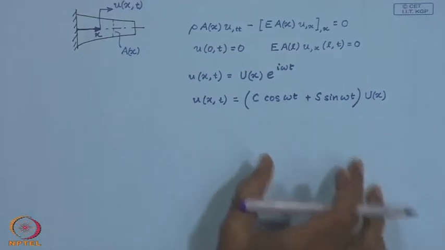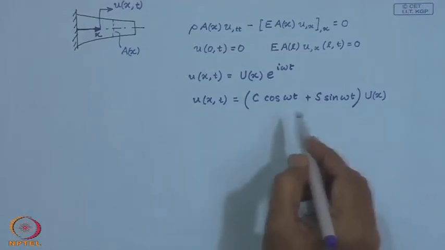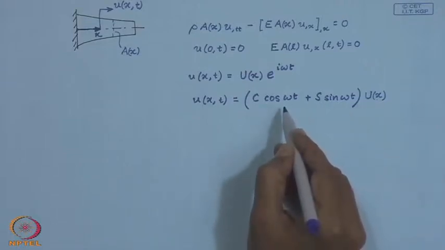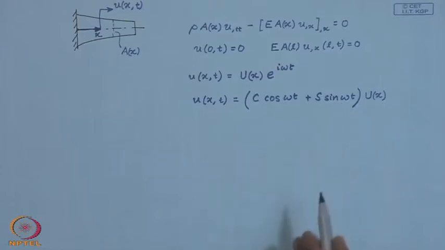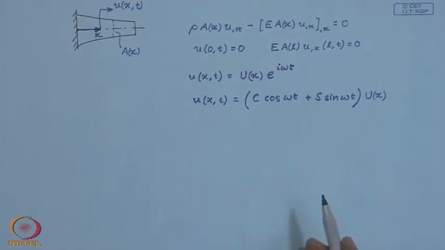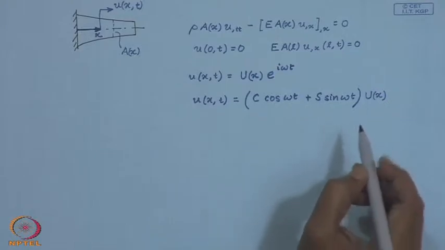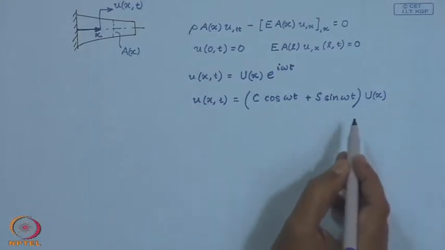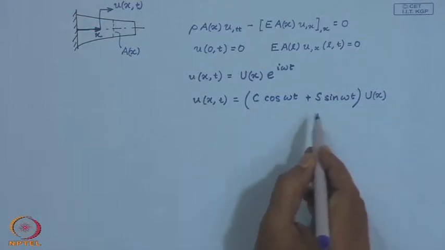The other observation is all points therefore vibrate at the same frequency omega, the same circular frequency omega. Thirdly, all points of the system pass through the equilibrium point at the same time instant.